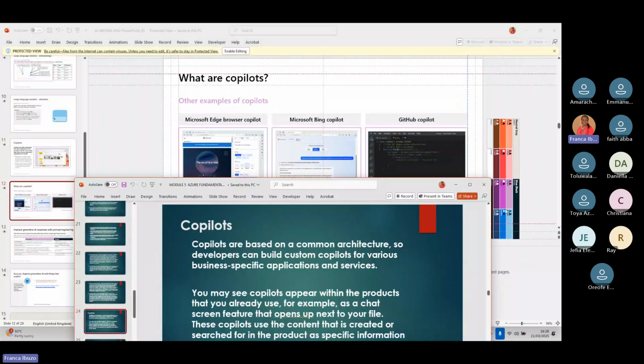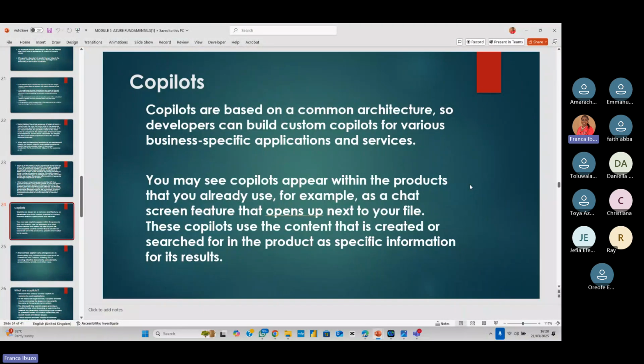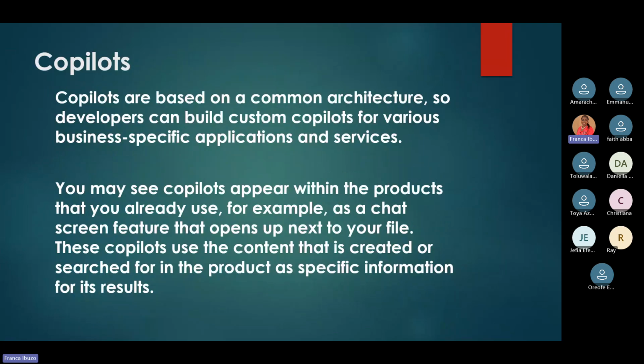So co-pilots are based on a common architecture. So developers can build common co-pilots for various business-specific applications and services. You may see co-pilots appear within the products that you already use.